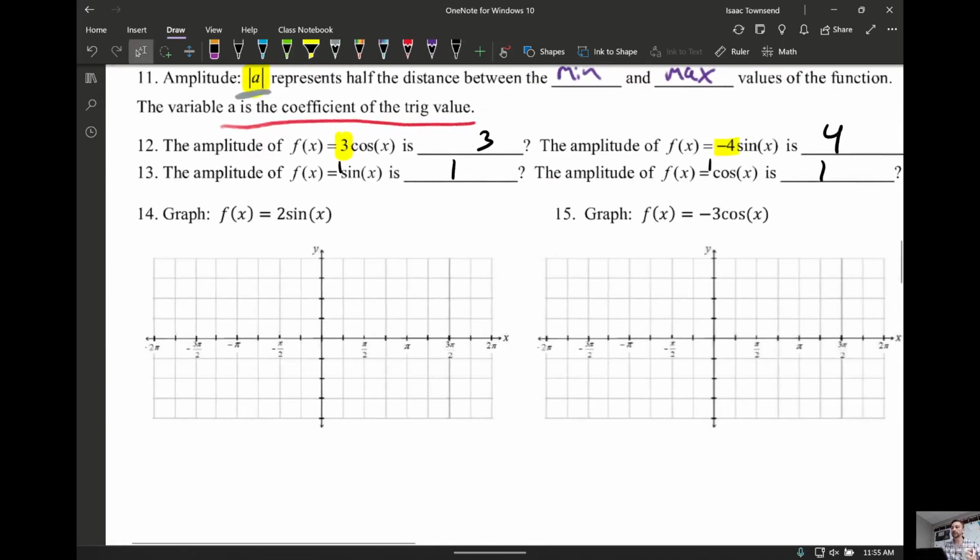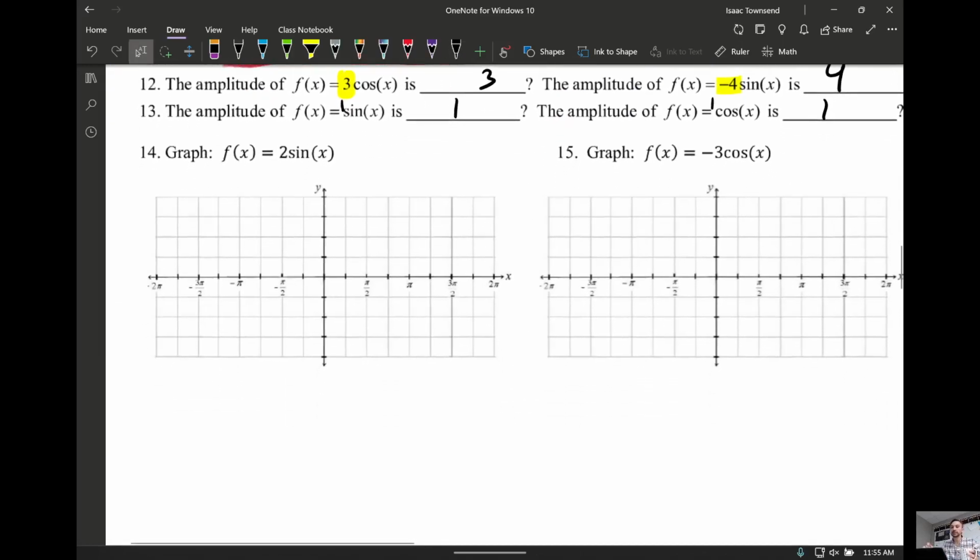Okay, so for us to graph a couple of these, for number 14, let's just lightly sketch in what sine looks like. This is just, in red, regular old sine. And if I throw a 2 in front of it, I'm just making all the y values 2 times bigger. So all the values of 1, you multiply those by 2 and they become 2.